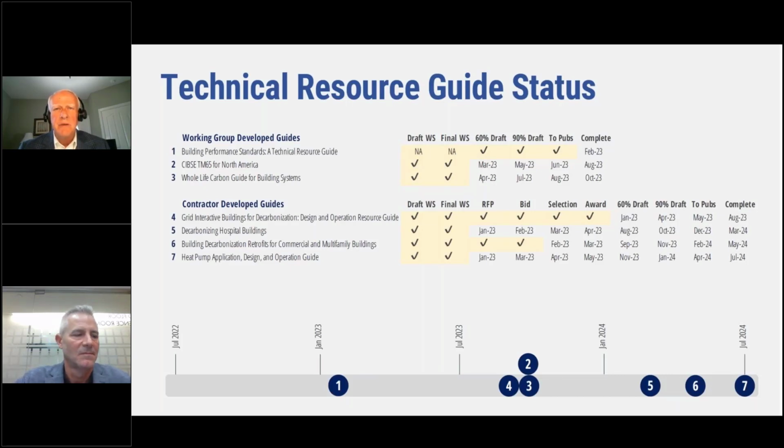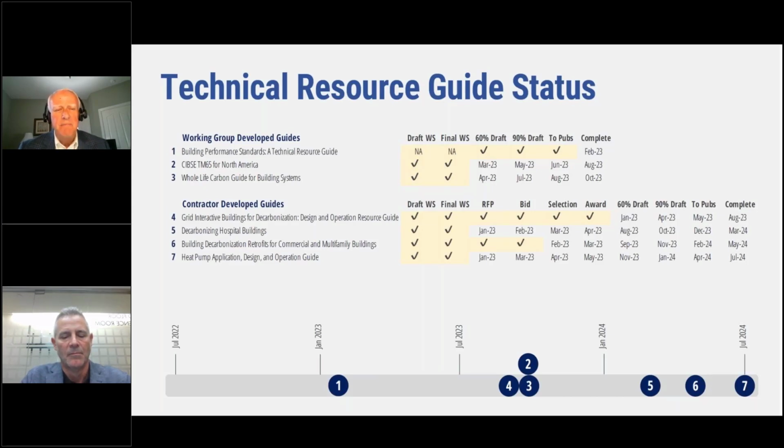If we look at the numbers about the number of buildings that are currently in existence, that will be in existence by 2030 or by 2050, we realize that we must also look at what we can do to retrofit buildings. For this resource guide, the work statement has been developed, an RFP has been put out, and it is currently out for bid.